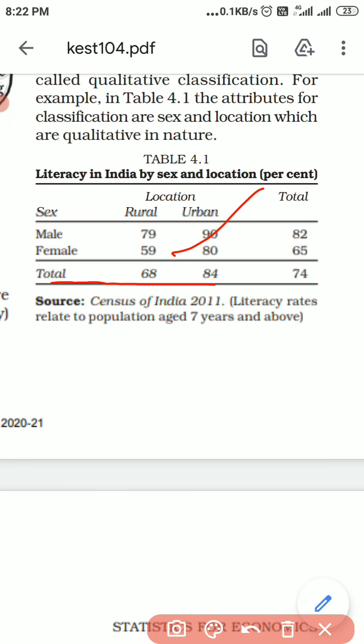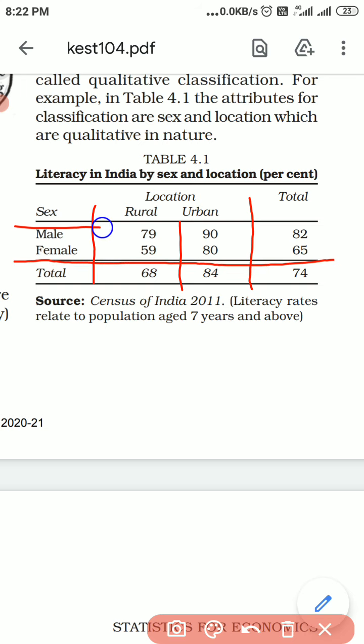Vertically there are columns. If you see this table vertically, these are columns, and horizontally these are the rows. So this is called tabular presentation, the presentation of data in form of rows and columns by making a constructive and systematic table.